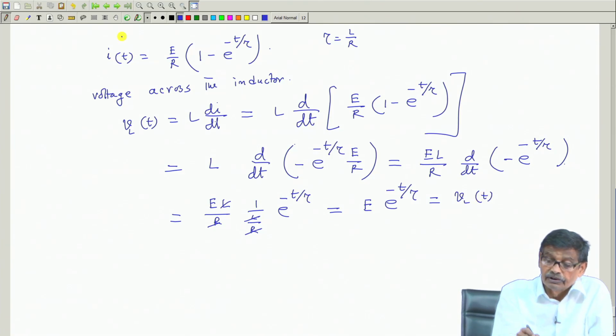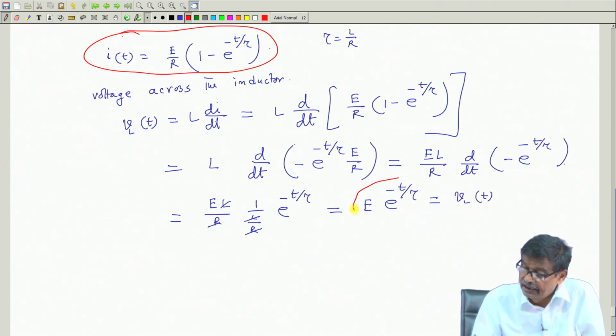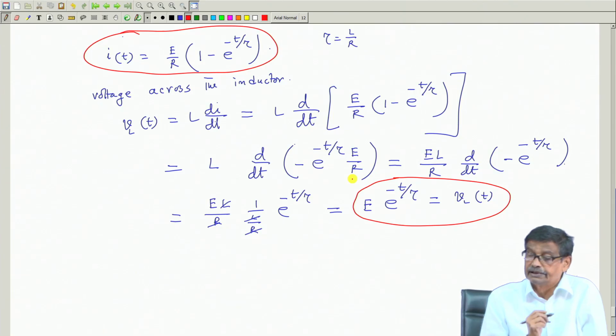So, we found this is the expression for the current, and this will be the expression of the voltage across the inductor.